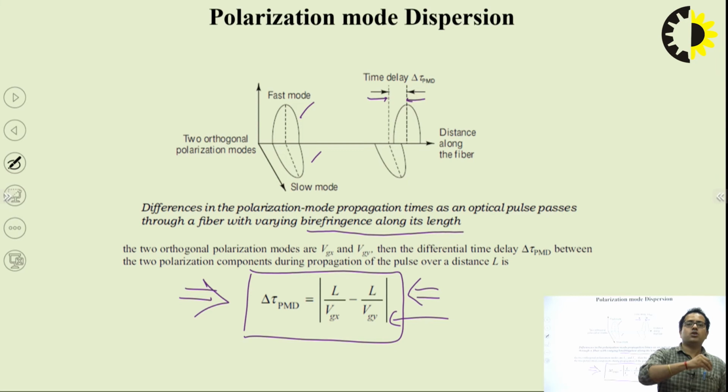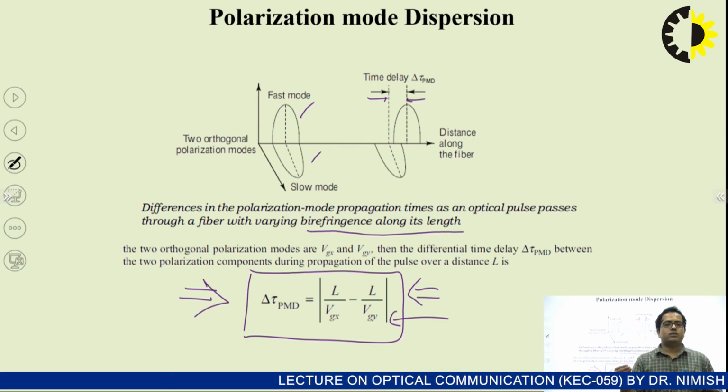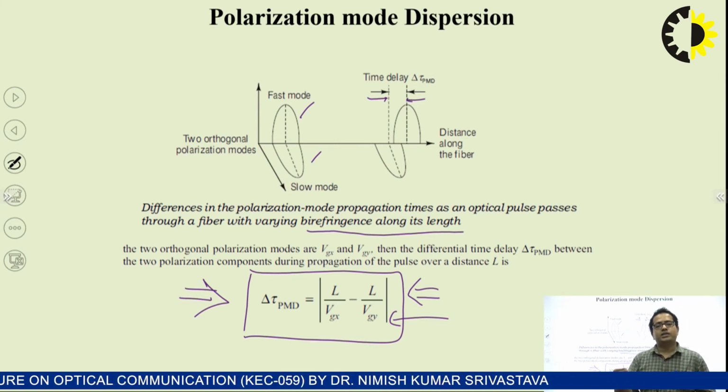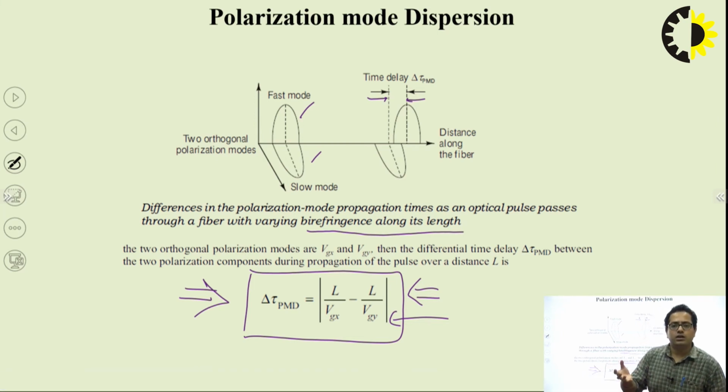But in the case of absorption, once your optical power or a photon is absorbed, you cannot recover that photon. It gets lost in the form of phonons, that means vibrations of the molecules. So because of these two behaviors, attenuation is occurring.